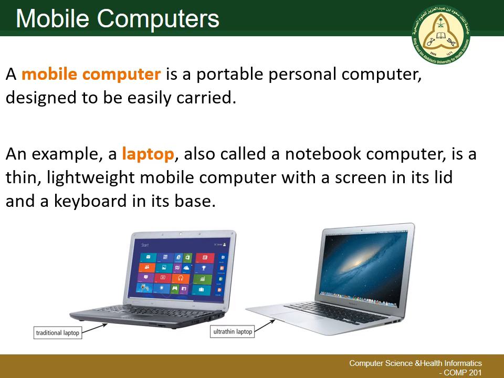Because it is easy to be carried outside your home, outside your work, and used anywhere, at any time. So a mobile computer is a portable personal computer. We described what a personal computer is in the previous slide. So this is the main difference between a mobile computer and a personal computer: it's the portability, only the portability.